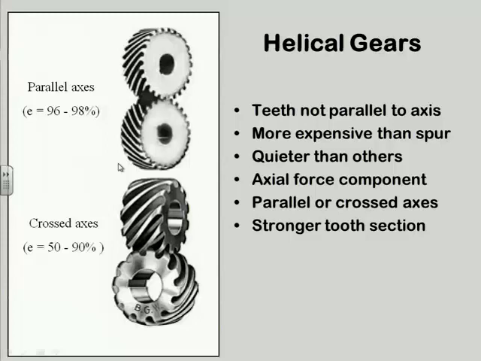Another advantage you get almost for nothing here, for the same number of teeth, same size gear, I get a stronger tooth, because just think about the geometry. If I have a certain diametral pitch, that's effectively defining the width of the teeth as I go around the circumference, right? And if that's the same for both the spur and the helical, the fact that the helical's on an angle means I have a Pythagorean theorem issue, right?